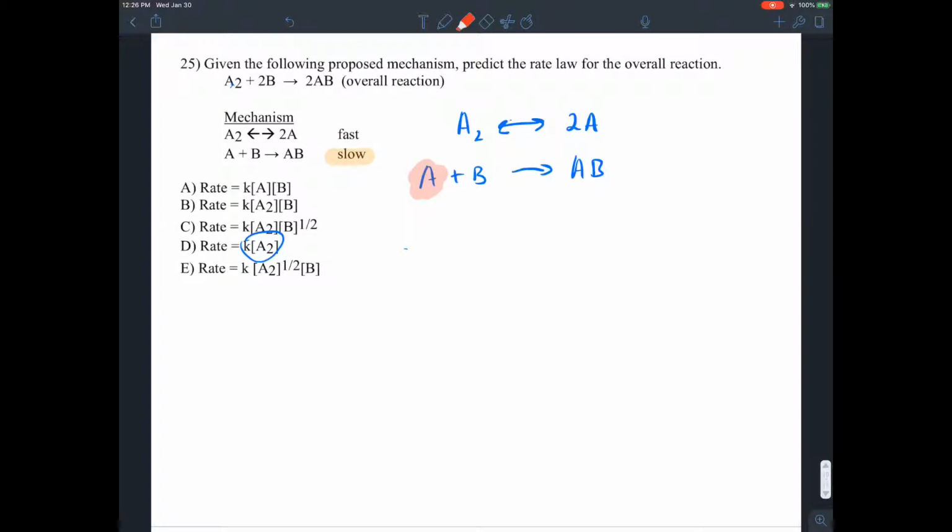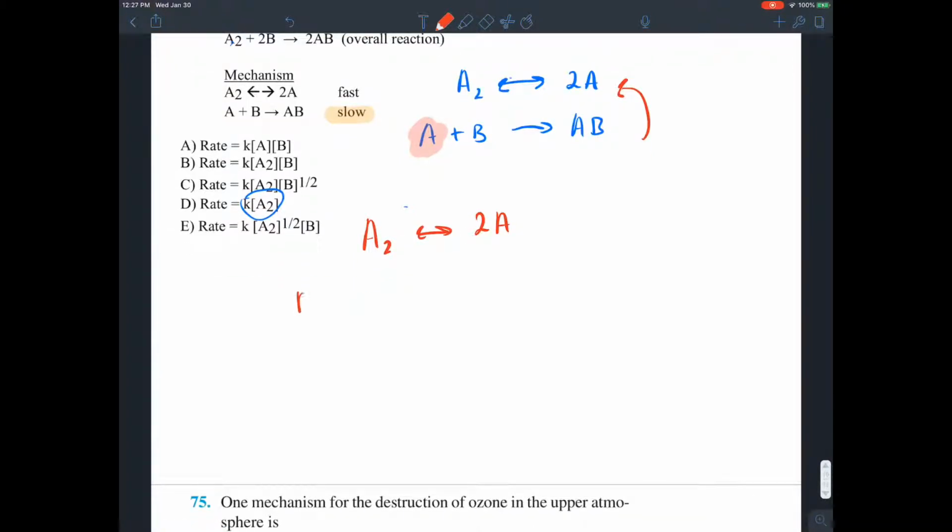So what we need to do is write this A in terms of other reactants that we have in this reaction. And in particular, we can look up to this equation at the top. Now I'm going to write it down again down here. So then A2 and 2A. Okay, well let's imagine this. The rate law is equal to K1 and A2.